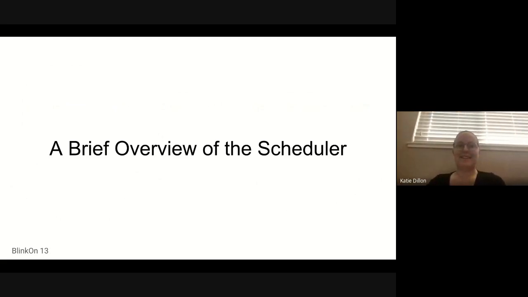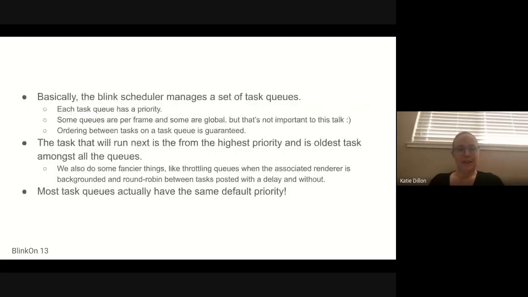And in order to explain exactly what we did, I'm going to give a very brief overview of the Blink scheduler. This is a pretty big simplification, but it will be just the number of details that we need for the talk. So the Blink scheduler, basically all it does is it manages a bunch of task queues.